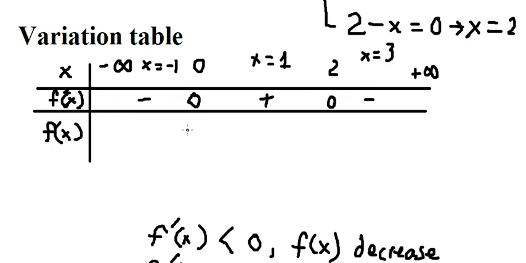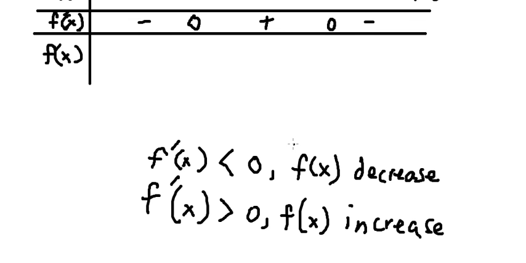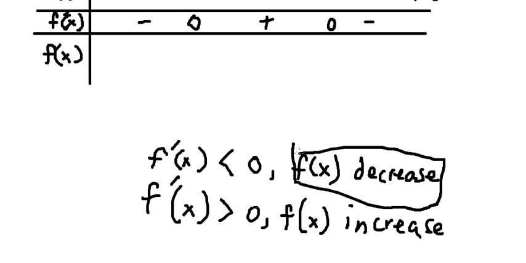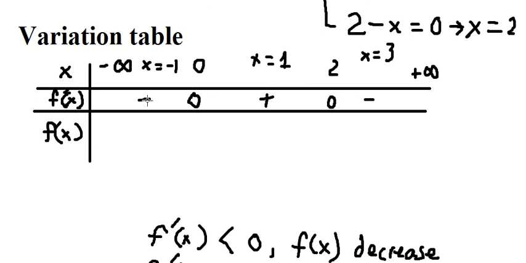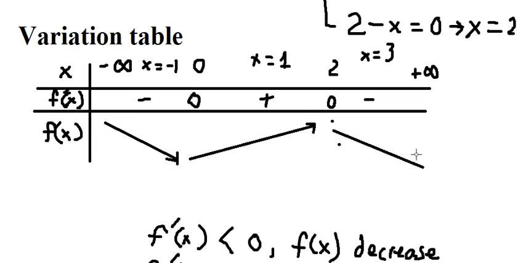Now this one is negative, so this one should be decreasing. So the shape should be like this. This one is positive, so they will go up. And this one, they go down.